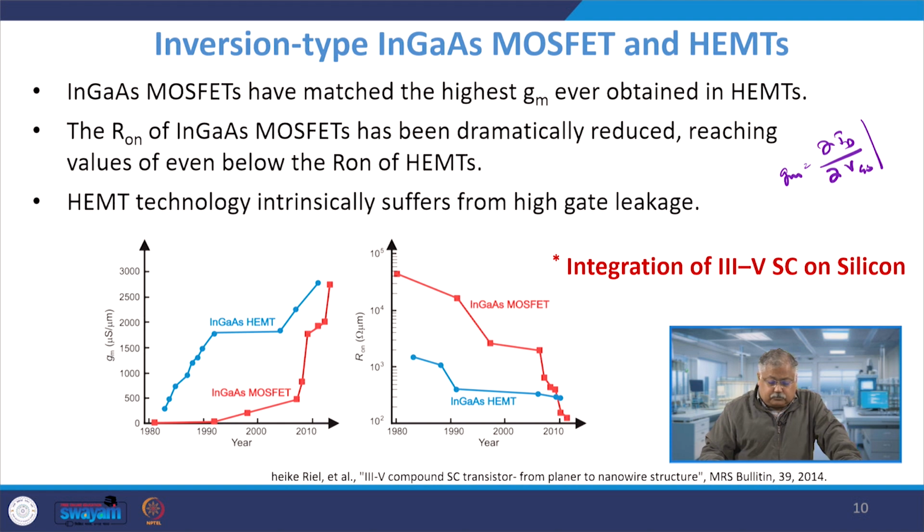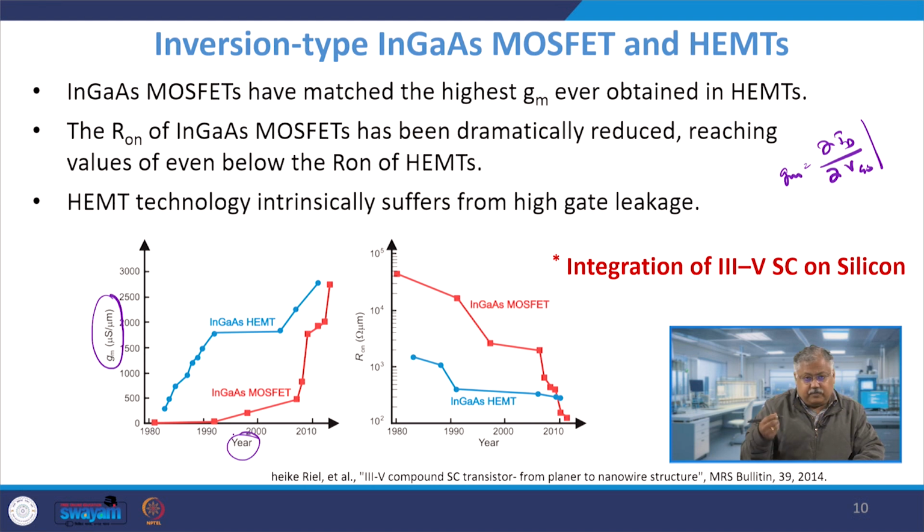Now, if you look at the left hand side graph and the right hand side graph, we will go one by one. The left hand side graph is plotting gm on the y axis with respect to the year, meaning the manufacturing year. It's relatively old data, but it typically stands good nowadays even.